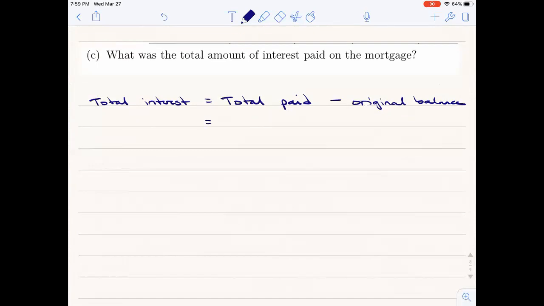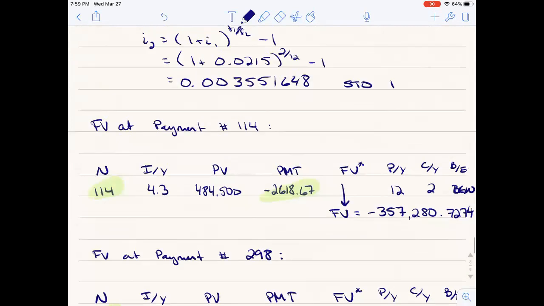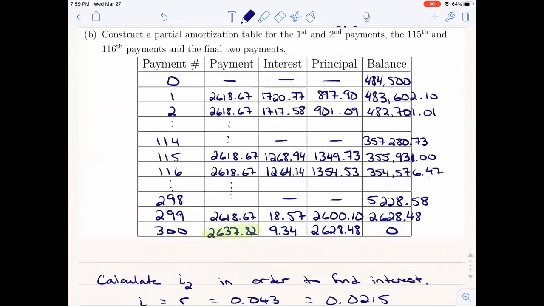The total paid, right, we've got 299 payments of $2,618.67 plus that last payment of $2,637.82.